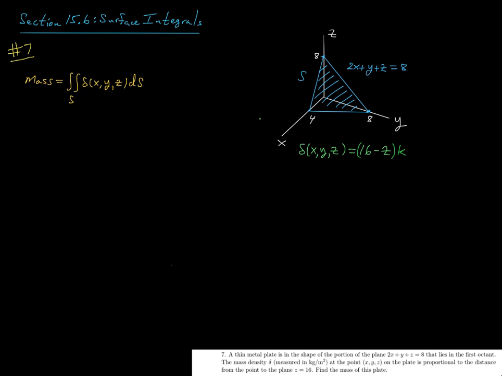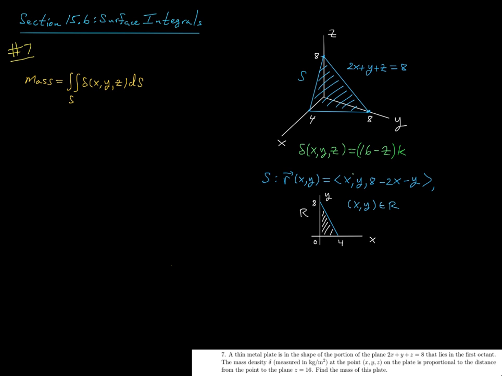All right, and so the mass is just going to be the surface integral of this mass density function delta. Now let's parameterize the surface. Here it's easy to solve for z: z is just 8 minus 2x minus y.